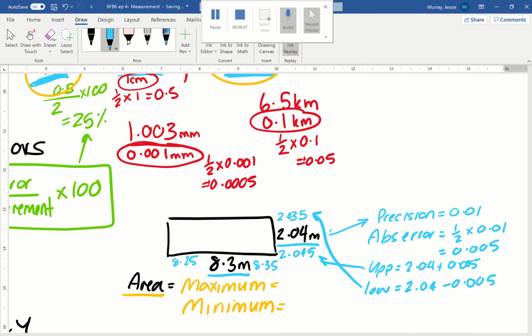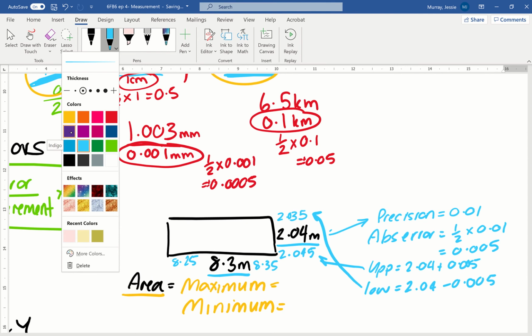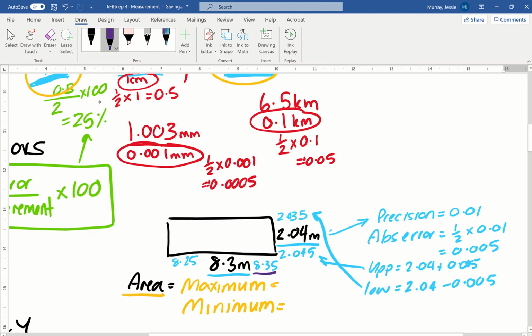So remember, area is just base times height. So for the maximum, I take the upper limit of both values. Okay, so I take my upper limit and my upper limit and I multiply them, base times height. That will give me area. Then for my lowest limit, my minimum, I take my 2 lowest terms and I multiply them together, base times height.